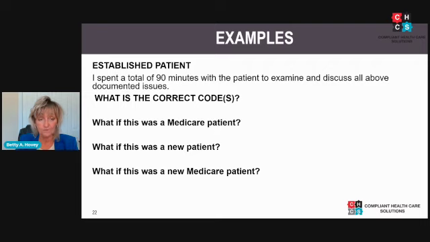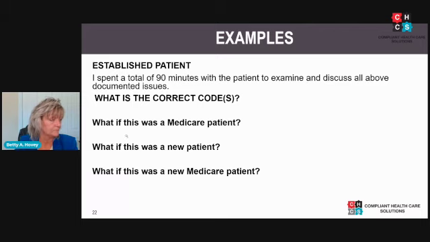So I have a couple different scenarios for how we would code it out. So what if the patient, let's take the non-Medicare patient first. So if this is a non-Medicare patient with 90 minutes of a visit done, including everything pre, intra, post, it's all 90 minutes.